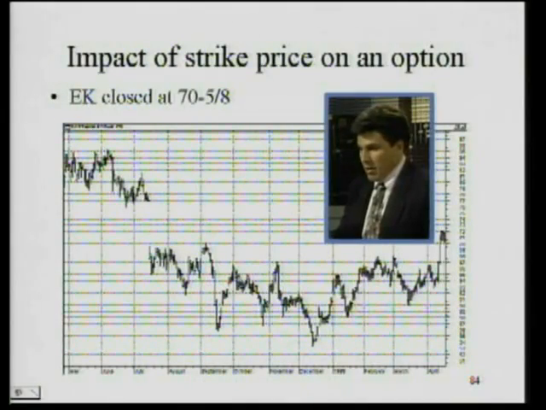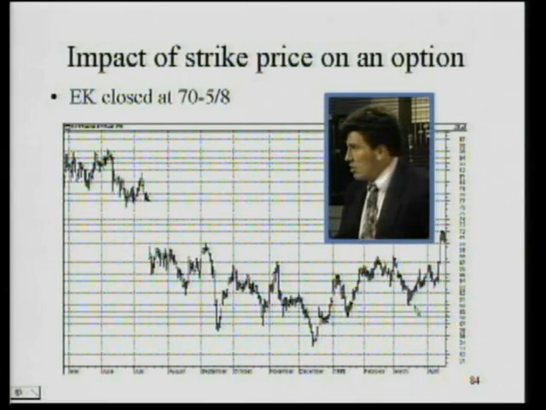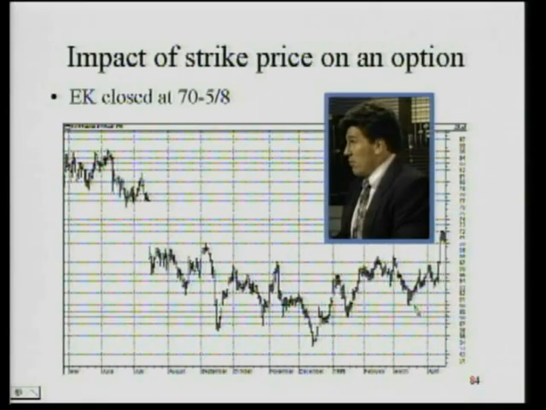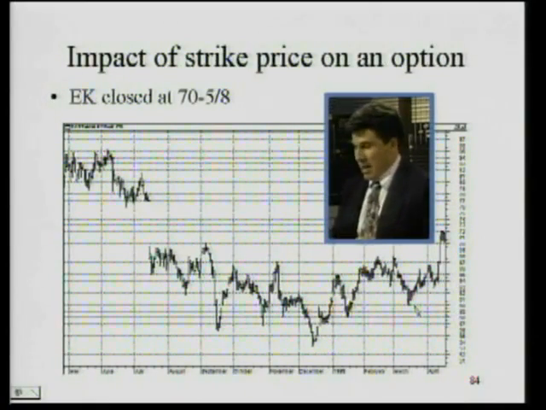So if Kodak goes up, we may make money, we may not. And unfortunately, the out-of-the-money option buyer did not make money. Think about what's going on here. You're buying your options and you're expecting good news from Kodak before the options expire. And you're right.